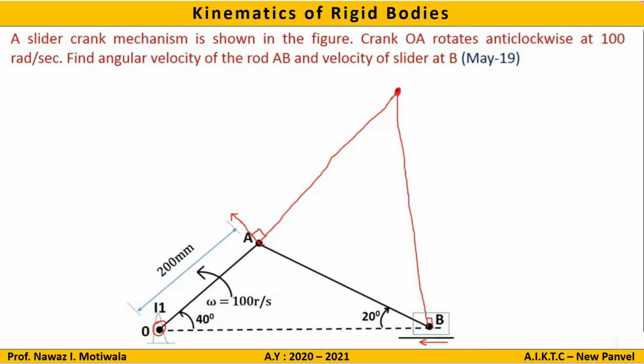The point at which these two meet will be your ICR. As I have named the ICR I1 here, I will name this ICR as I2. So you can see there are two links, hence there are two ICRs, I1 and I2. This was the method as per the concept: find the direction of velocities and then draw the perpendicular to it. Wherever they meet, it will be your ICR.